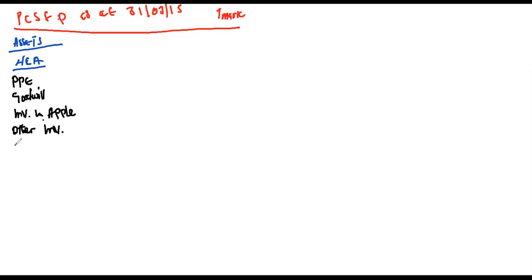There we go, current assets. Now current assets, you close your eyes here because it never changes. You're going to have something such as inventories, receivables.